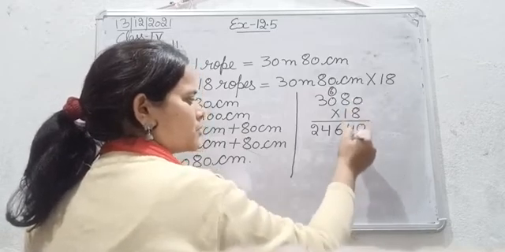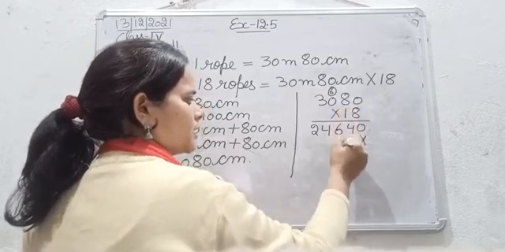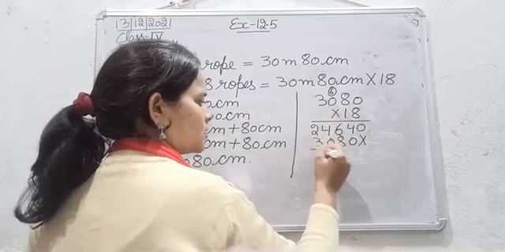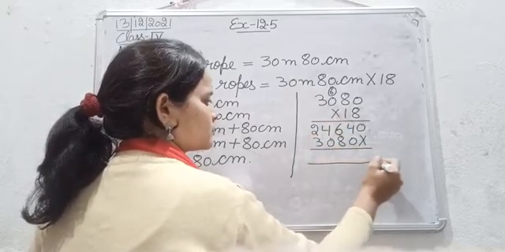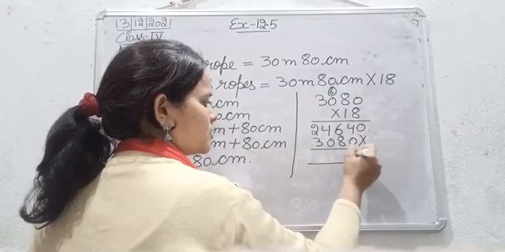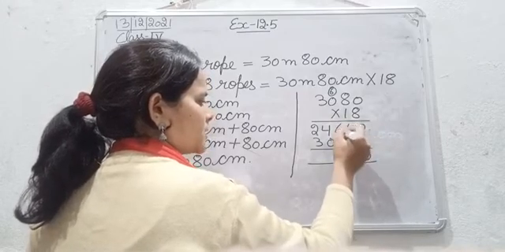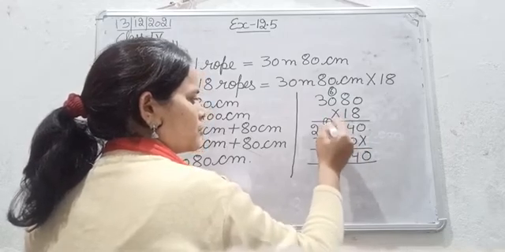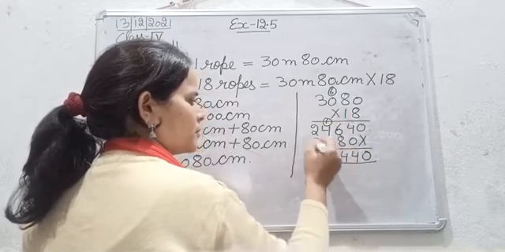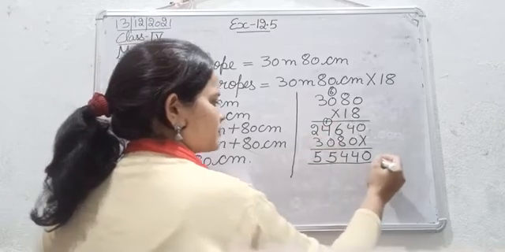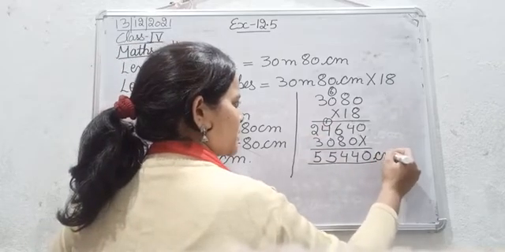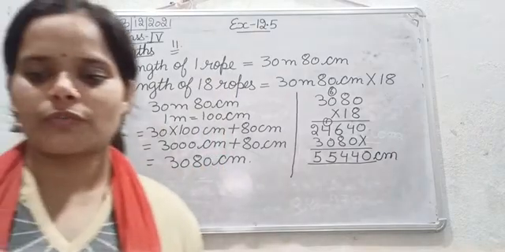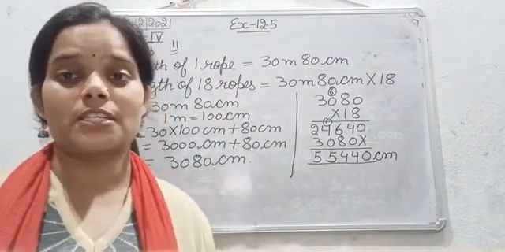Multiply with 1: 1 zero is 0, 1 eight is 8, 1 zero is 0, 1 three is 3. This is 0, 4, 8 plus 6 that is 14, 4 plus 1 is 5, 3 plus 2 is 5. 55,440 centimeter. Now the question was, how much will be the length of 18 such ropes?